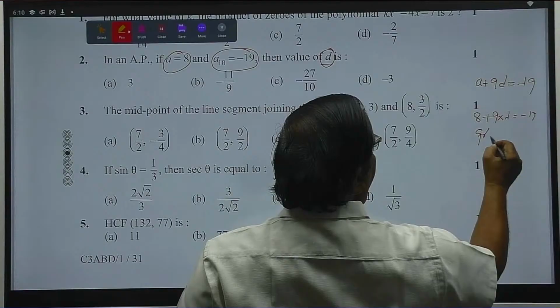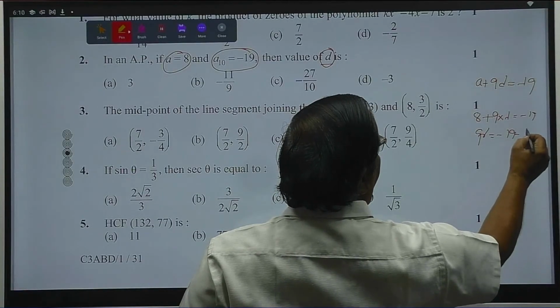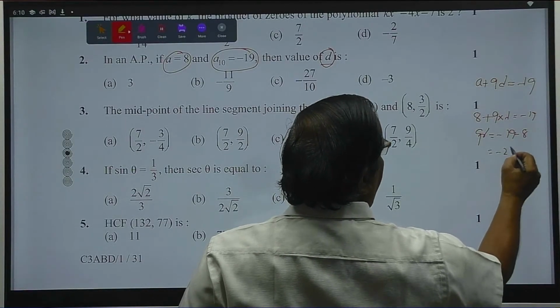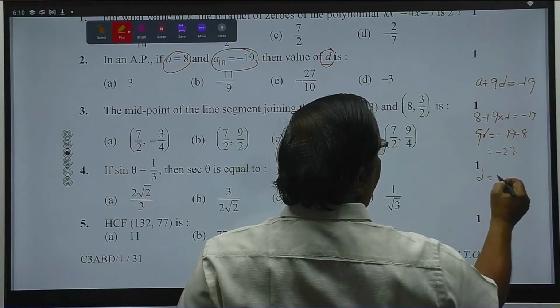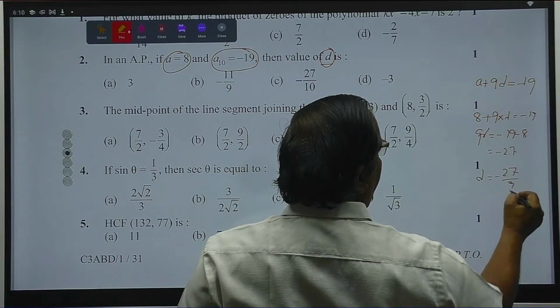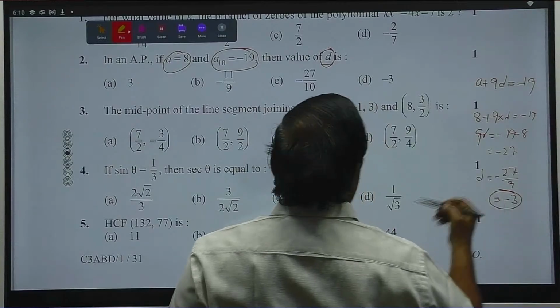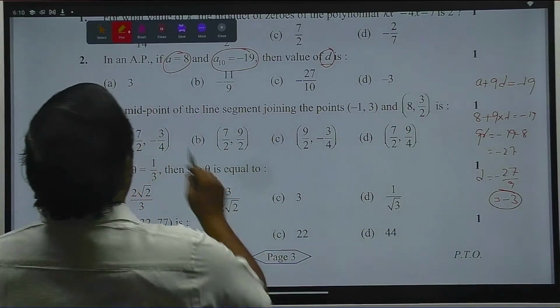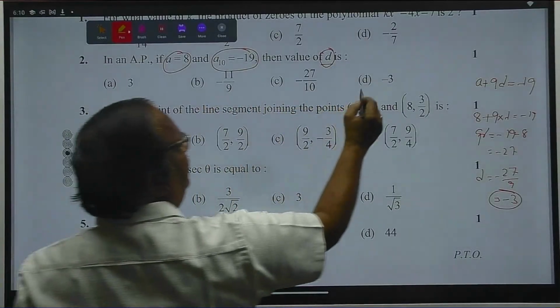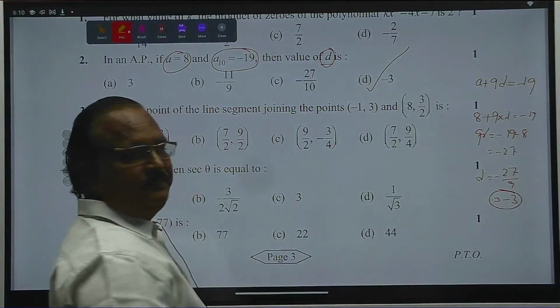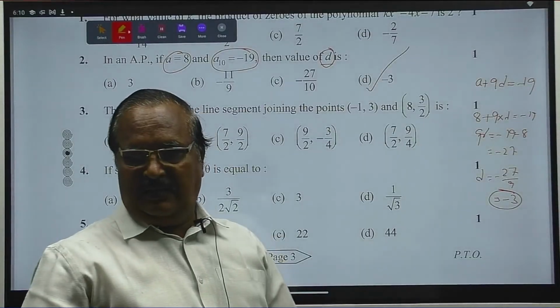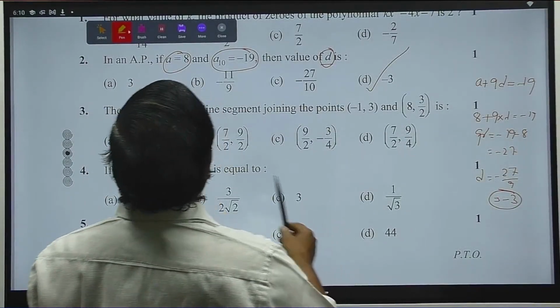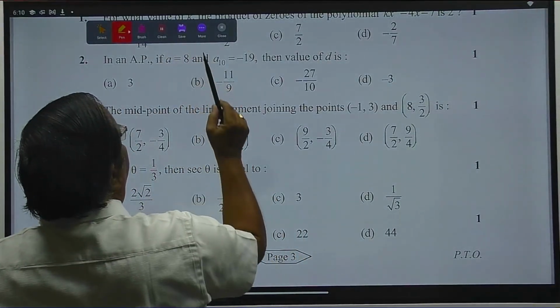So 9d is equal to minus 19 minus 8, minus 27. d is equal to minus 27 by 9, minus 3. So minus 3 is the answer. Okay.